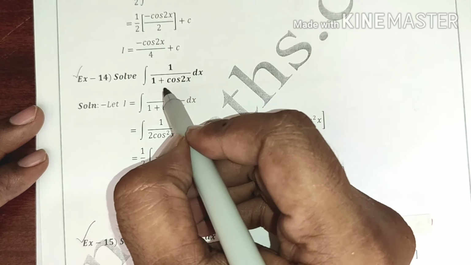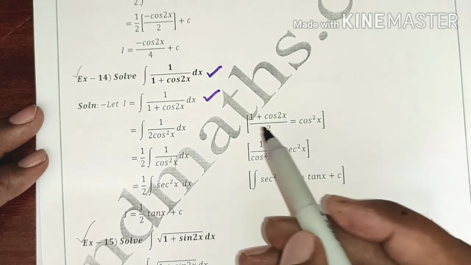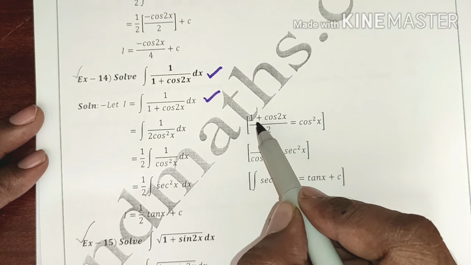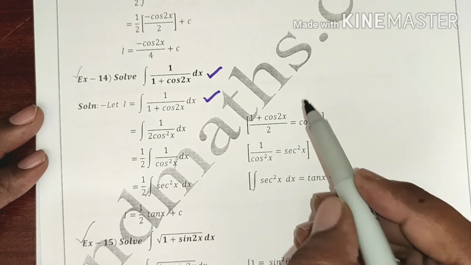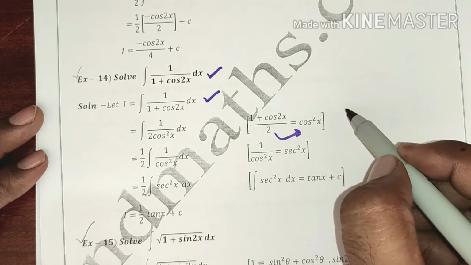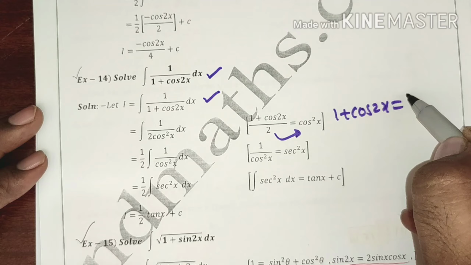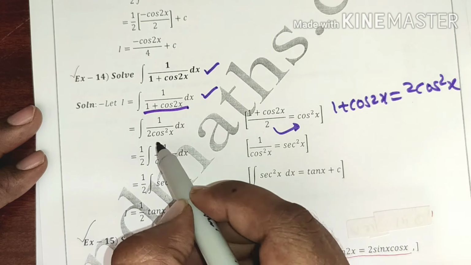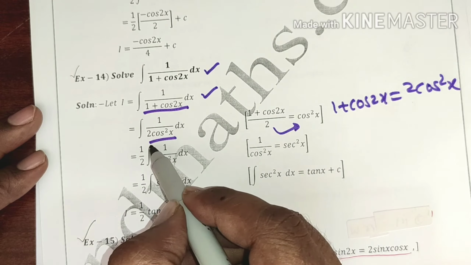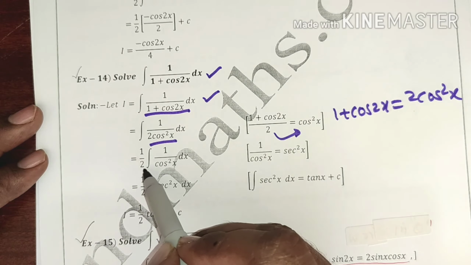Solve the integration of 1 upon 1 plus cos 2x dx. We write in our solution, see one of the formulas here: 1 plus cos 2x divided by 2 is equal to cos square x. This is the formula of cos square x. When this 2 goes to this side, we get 1 plus cos 2x equals 2 cos square x. That's why we write 2 cos square x in its place. 2 is a constant, so it will be outside the integration.